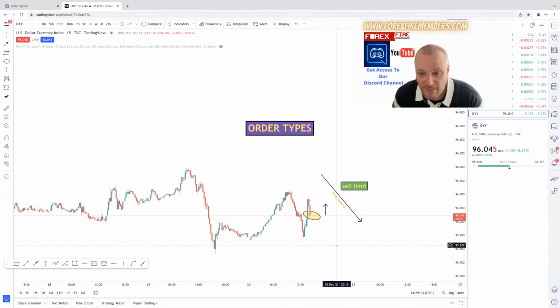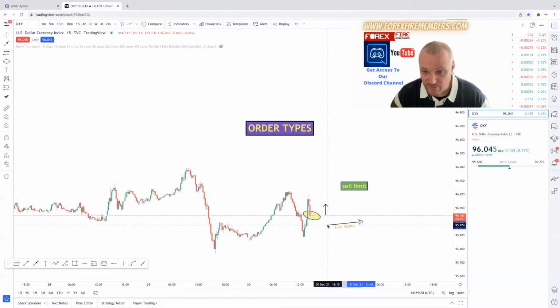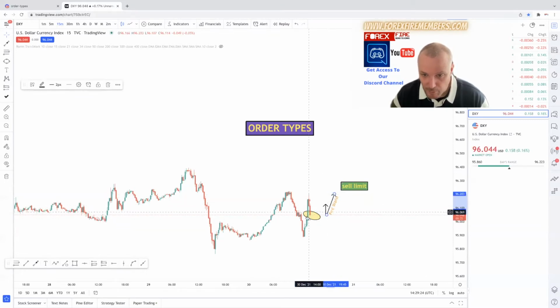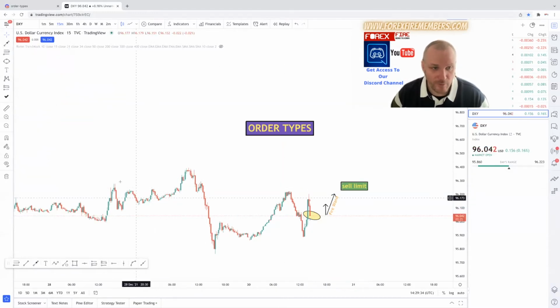Anywhere above that price level, you could set a sell limit, because you are technically waiting for price to move up, above its current level and hit a particular area, whether it's an order block or a support or resistance. So let's say you are looking from a high point.